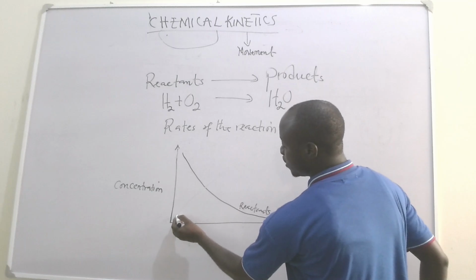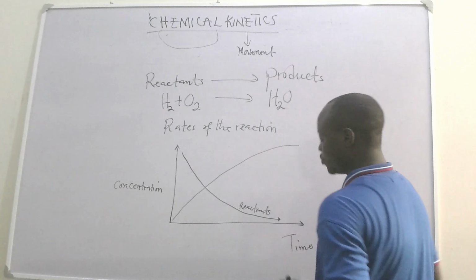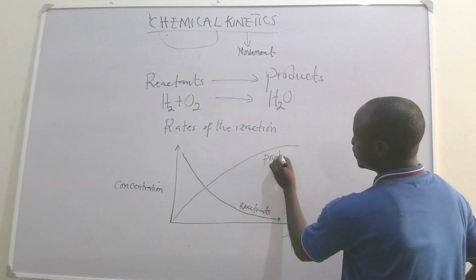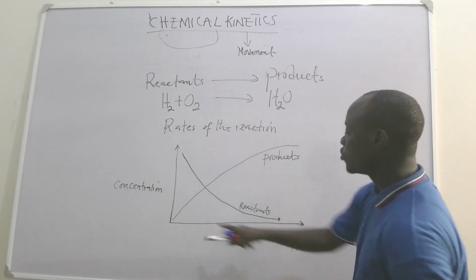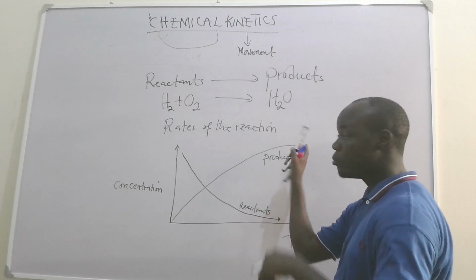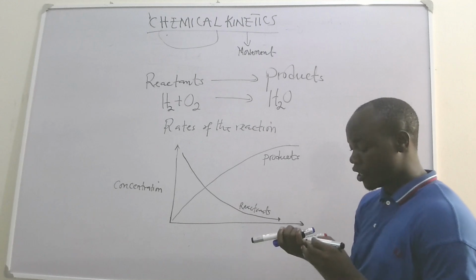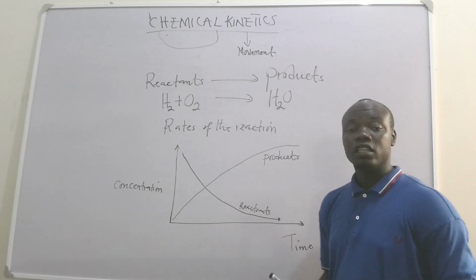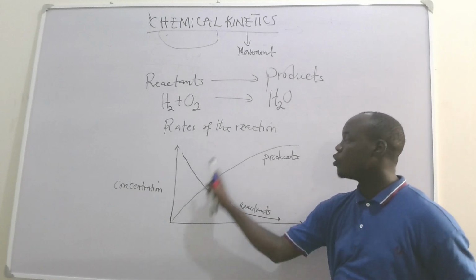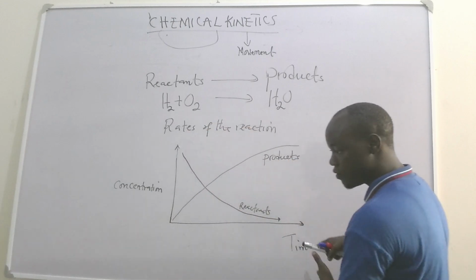So you see, from here the concentration of the product will be increasing, while at the same time the concentration of the reactant will be decreasing. The rate of the chemical reaction is just trying to measure the appearance of the product, how the product is appearing, while the reactant is disappearing.